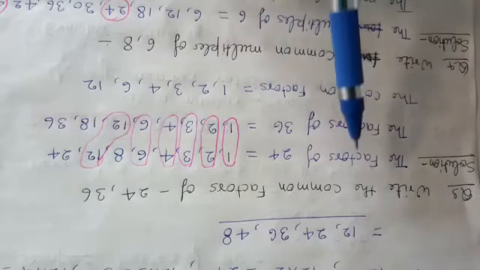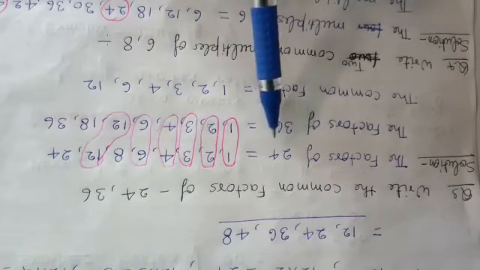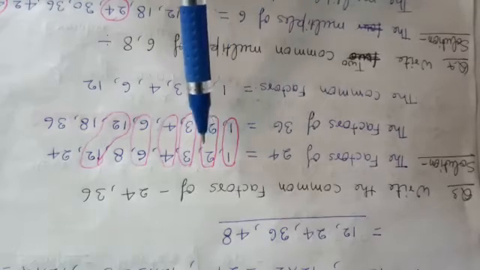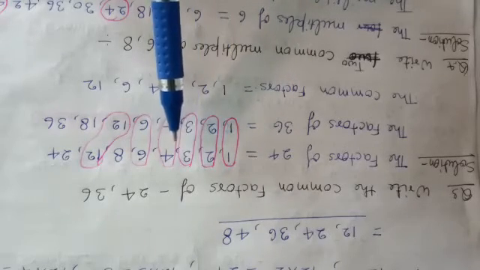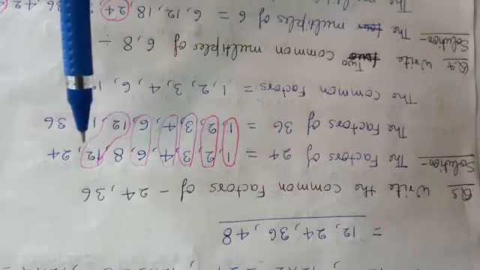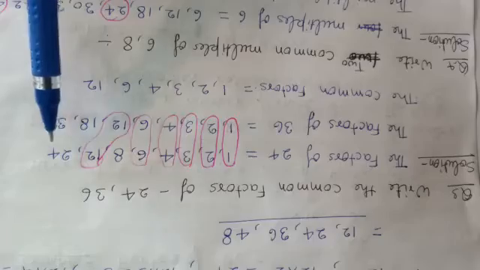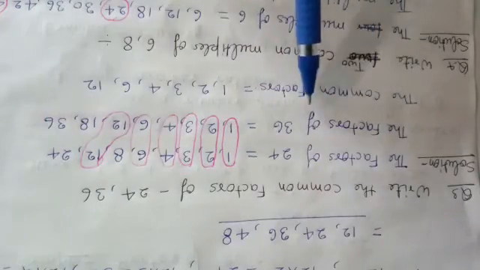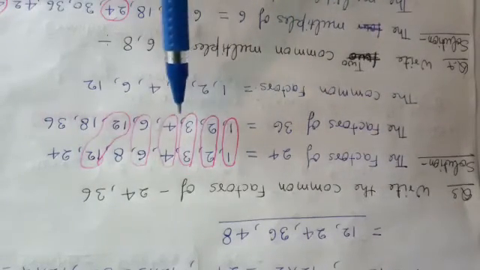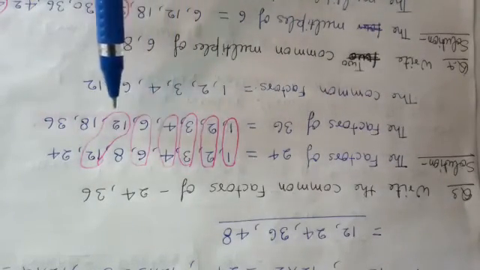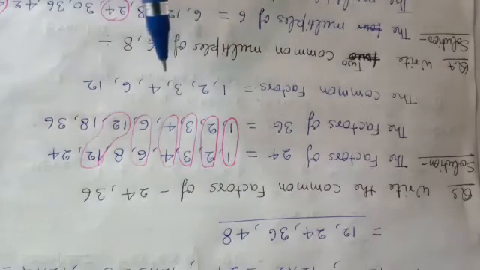First of all, the factors of 24 are 1, 2, 3, 4, 6, 8, 12 and 24. Second, the factors of 36 are 1, 2, 3, 4, 6, 12, 18 and 36.